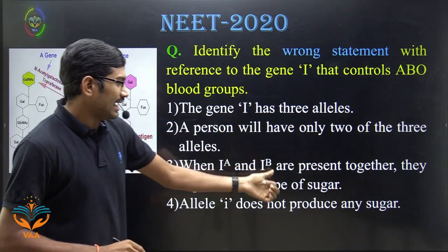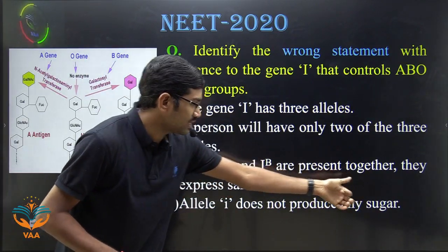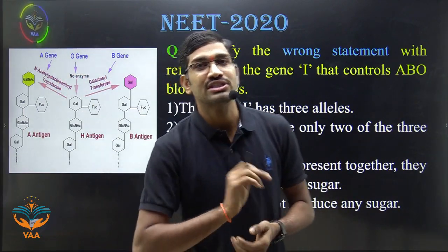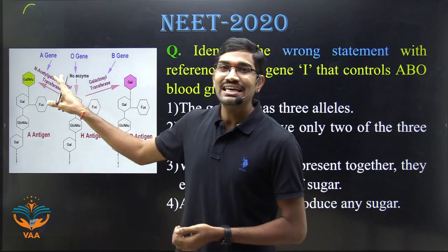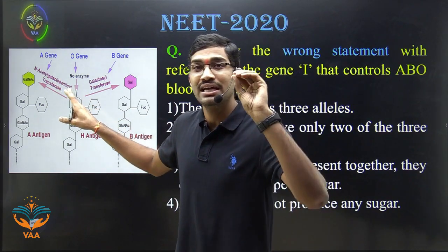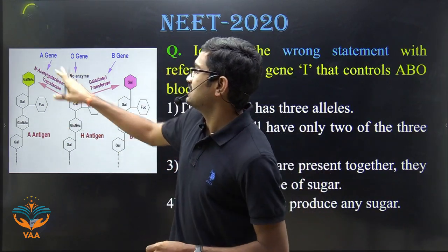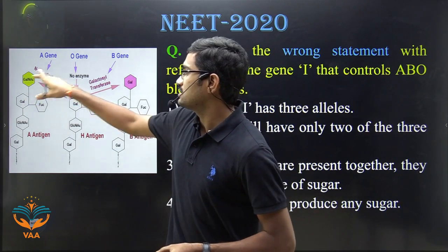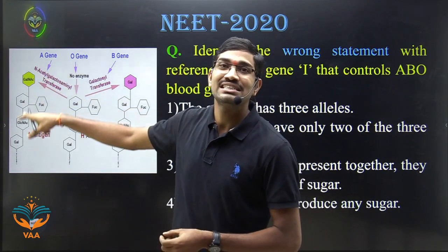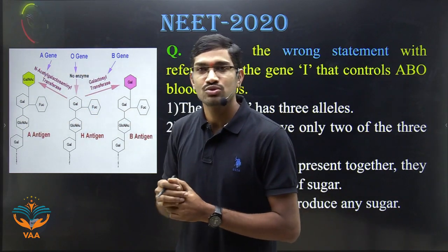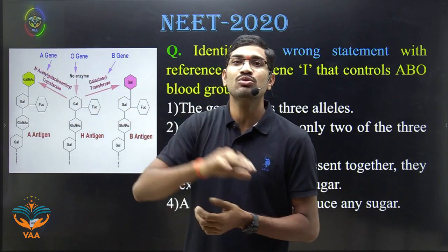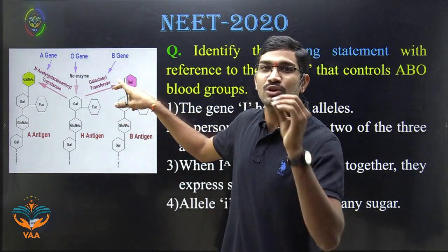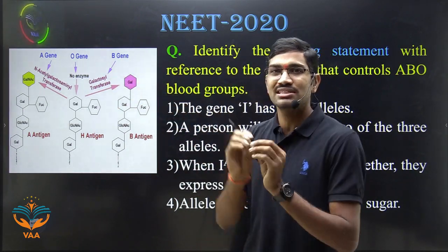When IA and IB are present together, they express the same type of sugar. This is actually a wrong statement, because when IA is present, it produces an enzyme. That enzyme will add N-acetyl galactosamine to the existing O antigen or H antigen or H substance. Whereas when the IB gene is present, it produces an enzyme that will transfer simply galactose.